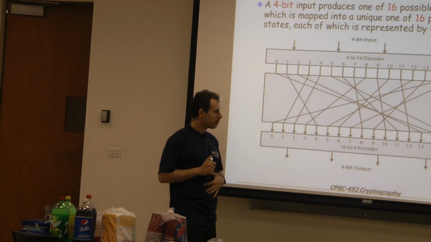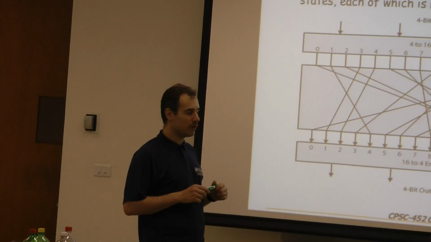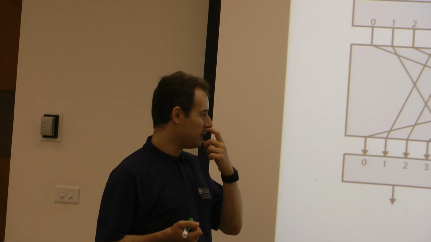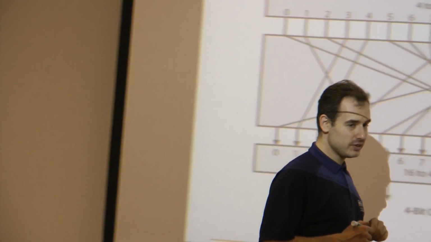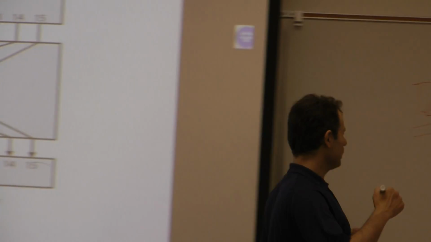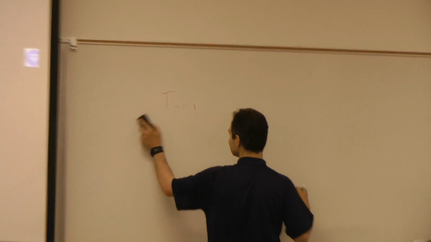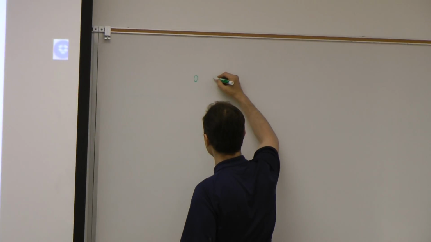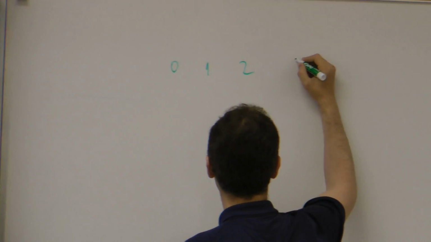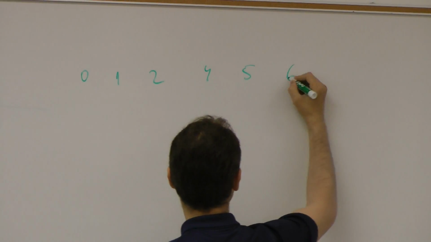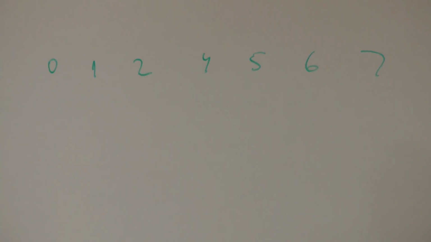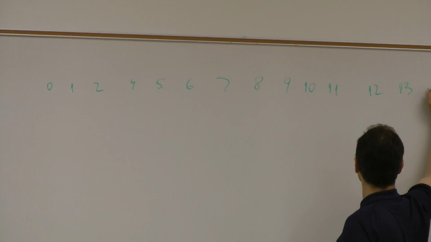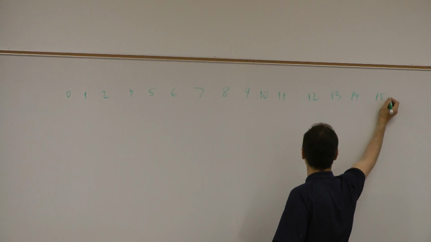So, now, how many possible mappings can I have? How do I begin to figure that out? Well, one way to think about it is this way. Let's say that, right here, I line up all of my plain text blocks: 1, 2, 3, 4, 5, 6, 7, 8, 9, 10, 11, 12, 13, 14, and 15.